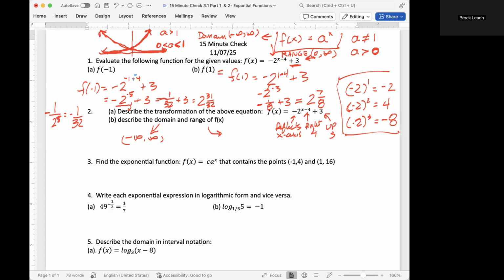Actually, we kind of need to picture this. So if we reflect it, let's say that that negative wasn't there. We moved it to the right 4. That's not going to affect our domain, it's just going to affect the way it looks, right? So I'm going to draw kind of an imaginary y-axis here.